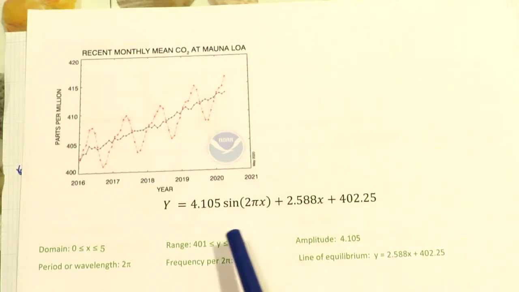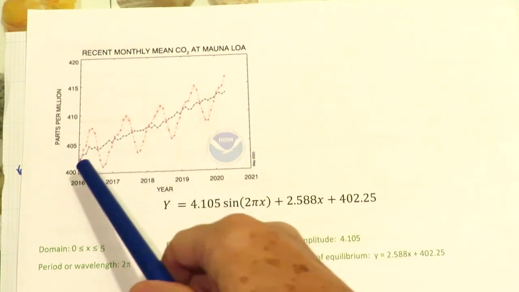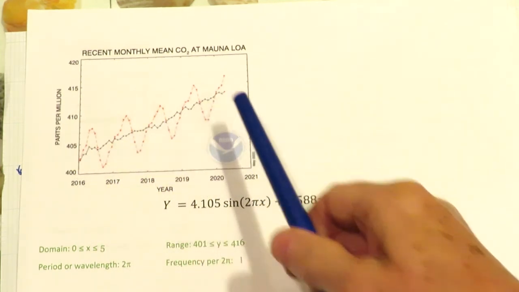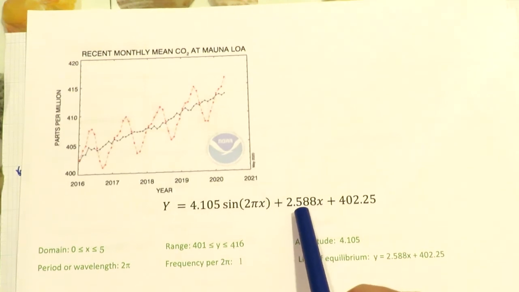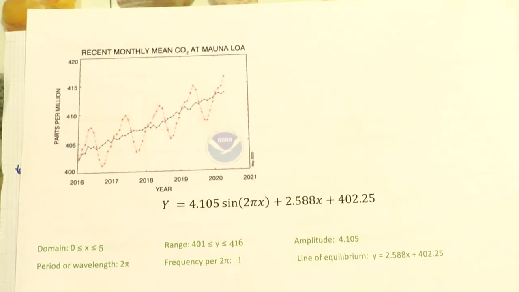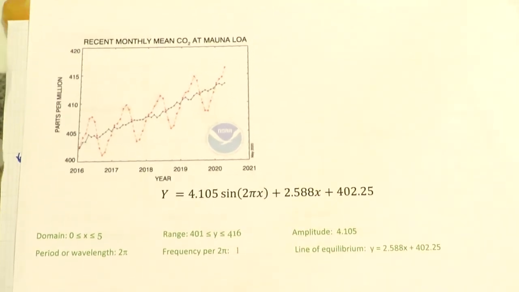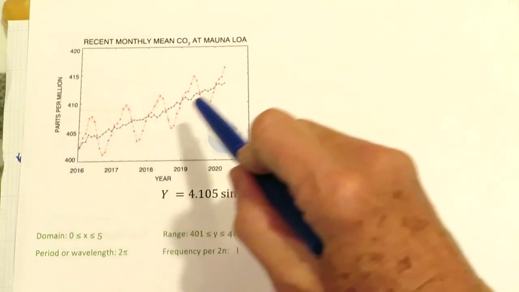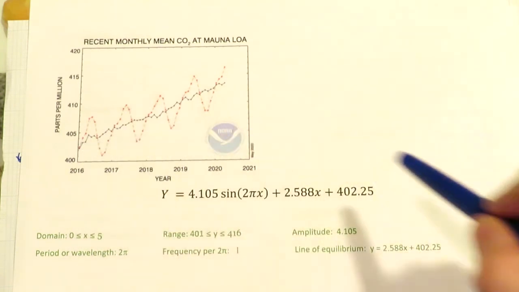And notice it's a wave, but it's waving around a slanted line. The line of equilibrium is 2.588x plus 402.25. So that's that slanted line that we see going through there.